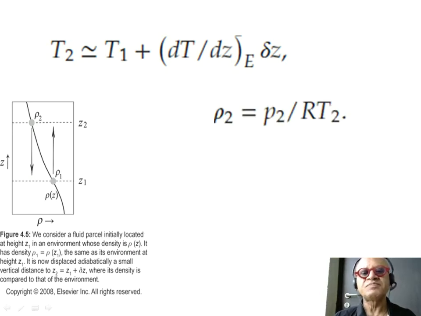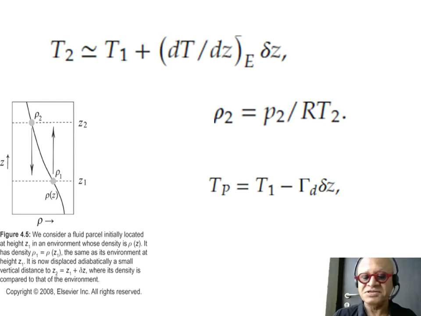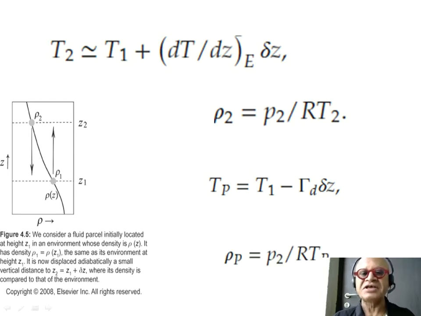So rho 2 is P2 over RT2, ideal gas law. So Tp of the parcel is T1, we moved it from here to there, minus gamma_d times delta Z. Okay, it's just simple equations we're writing again and again.